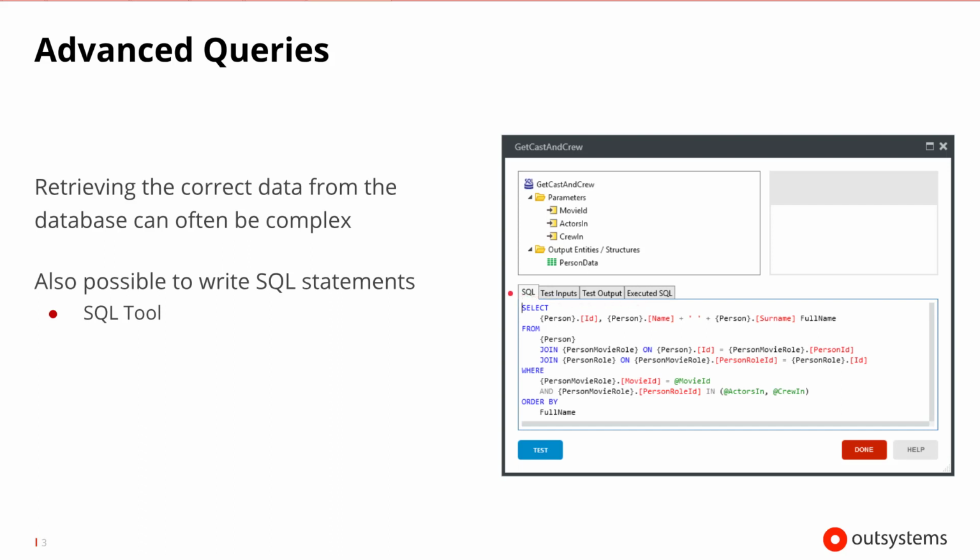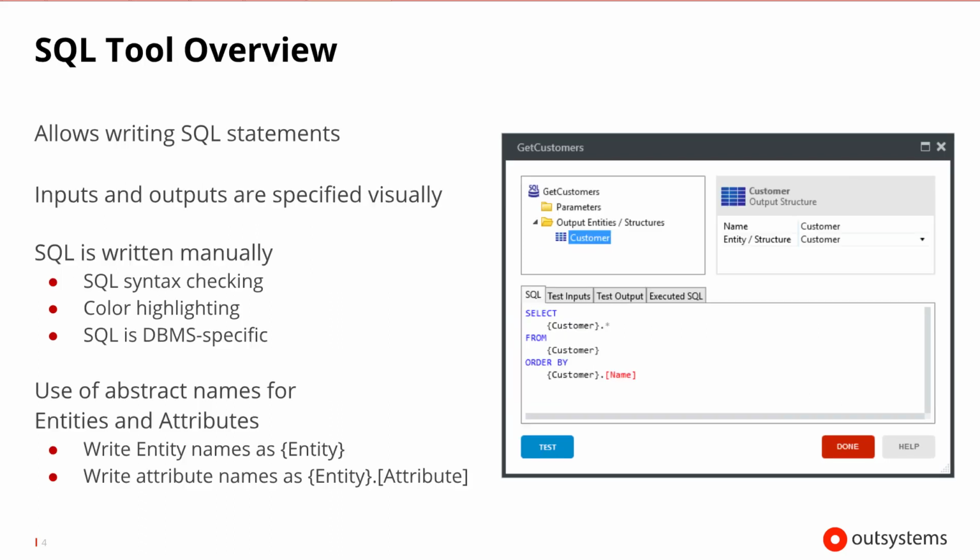So this is the overall SQL tool, and we're going to look at a couple of the parts of it as we go along. The SQL tool itself will allow us to write SQL statements, and it has to define ahead of time what the inputs and the outputs are going to be. So again, in the definition area here at the top, we can define what the input parameters are going to be and then the output entities or structures.